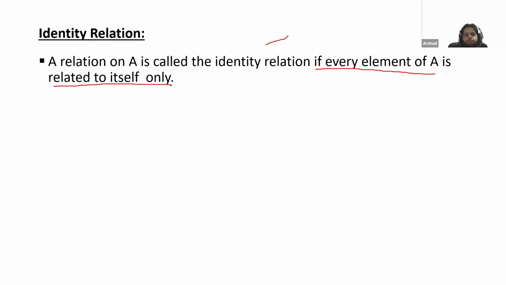Now you have already completed the identity and you have already completed the reflexive relation. So can you tell me the difference between the identity and reflexive? Please turn your pages, check the definition of reflexive relation.